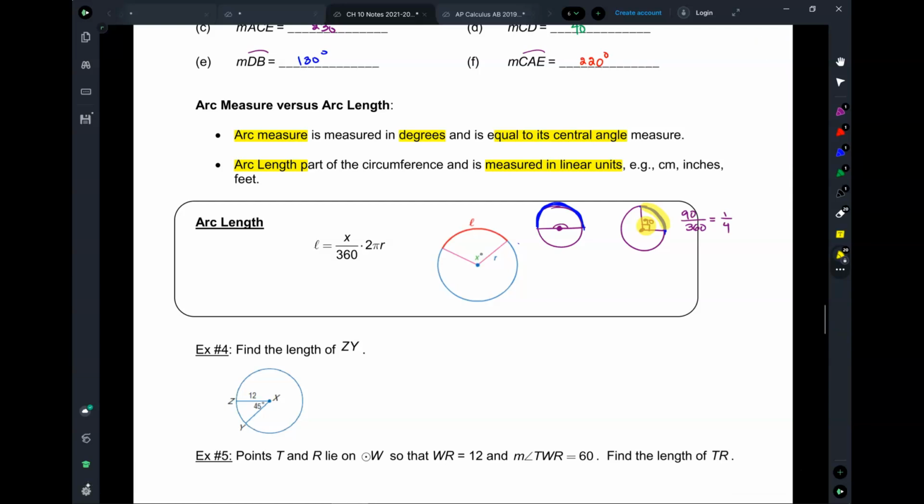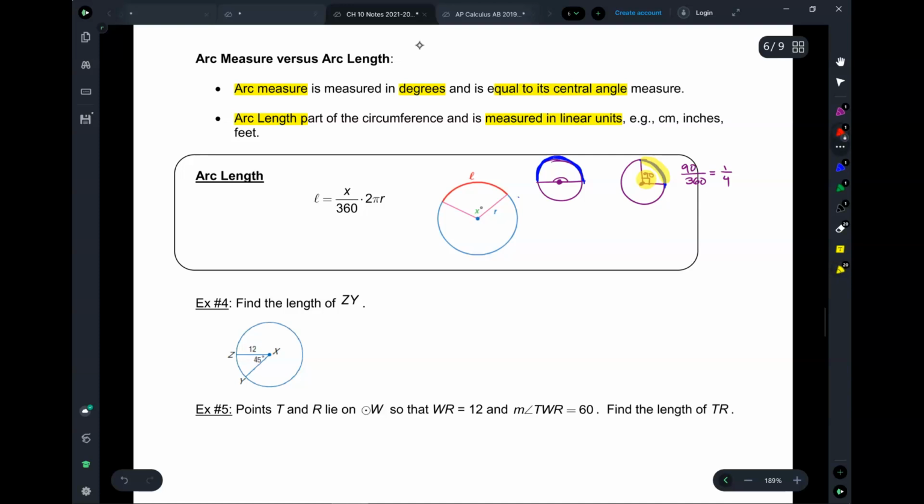The way in which we do it is this. Since this maps out exactly 1/4 of the circumference, 2 pi r, that's the formula that we're going to use to calculate the measure of the arc length of any arc. So take a look here. This is the formula that we're going to use.